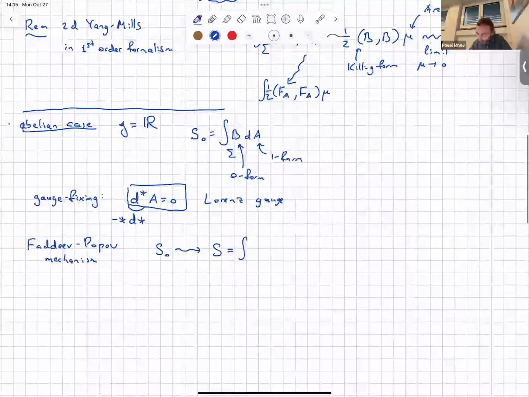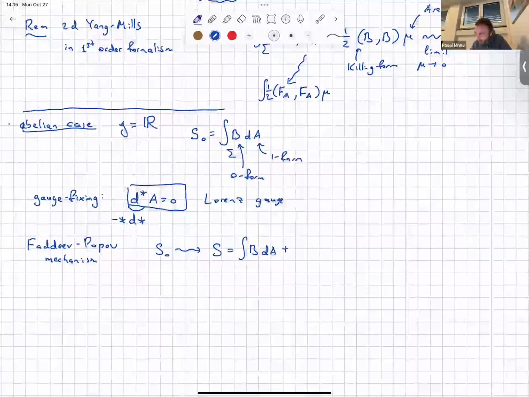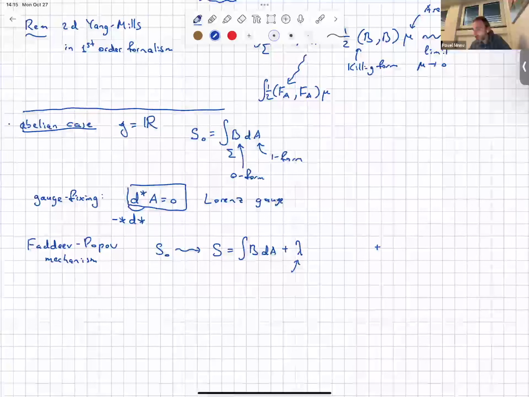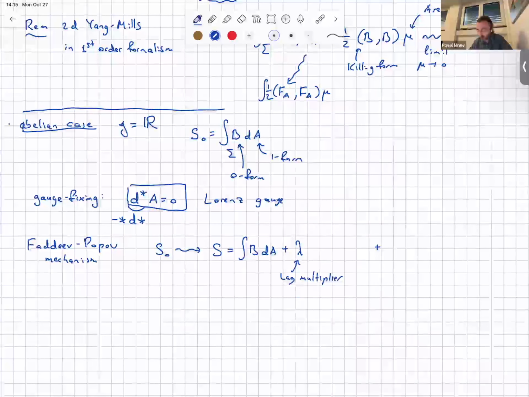It's the old action plus two extra things. One extra thing is the Lagrange multiplier, which is a new field, times the gauge fixing condition, which is d star A.